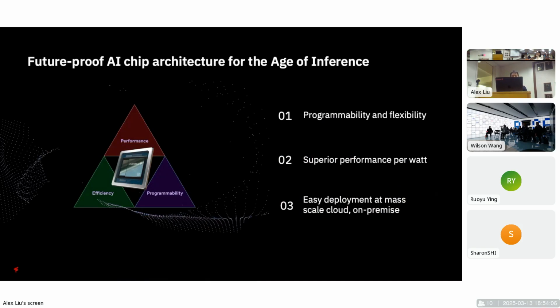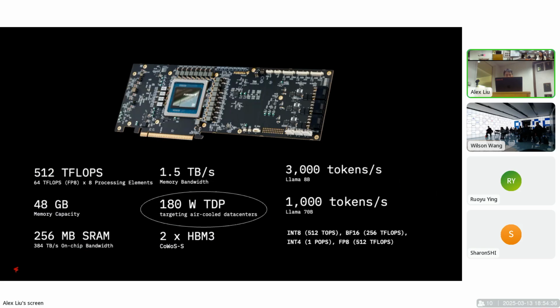So it seems an impossible triangle that you need to solve: programmability for flexibility, superior performance, and also low power, so that you can deploy not only in premium data centers, but also in small data centers or enterprises that have very limited power. We believe we have a solution right now.